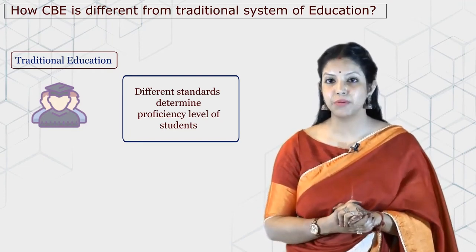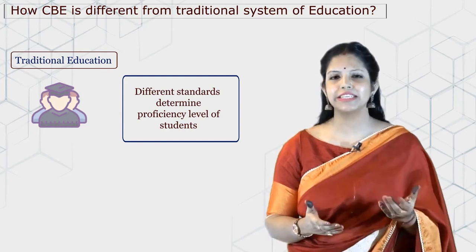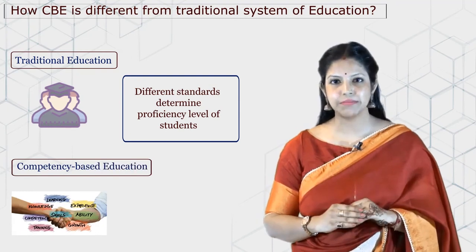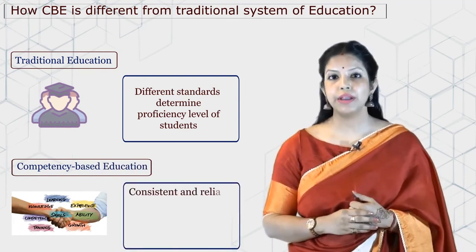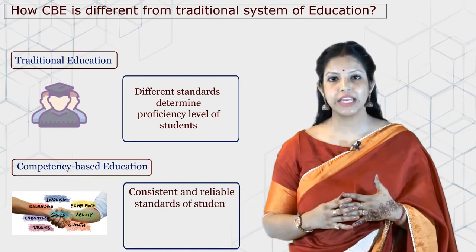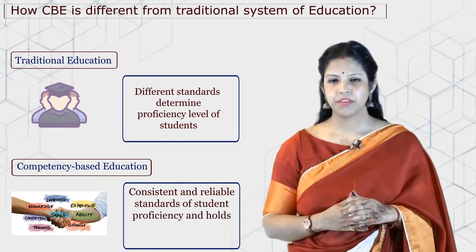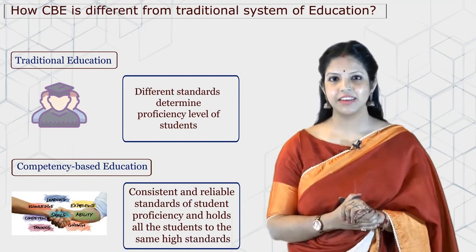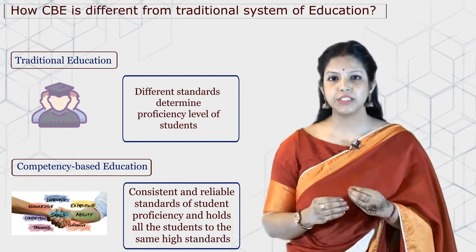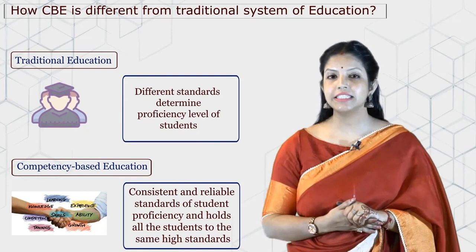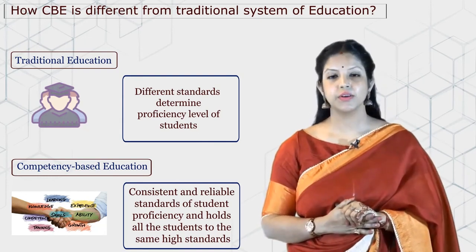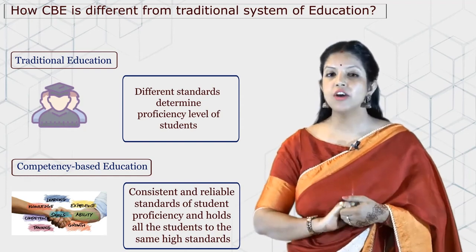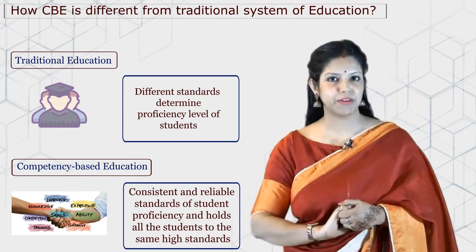Others use the term proficiency but have not yet defined it. In contrast, the competency system is consistent and reliable in defining mastery or proficiency. It gives a clear definition of student proficiency. It assesses performance for all students against the same standards. Rubrics clearly indicate the achievement criteria for evaluating student performance.